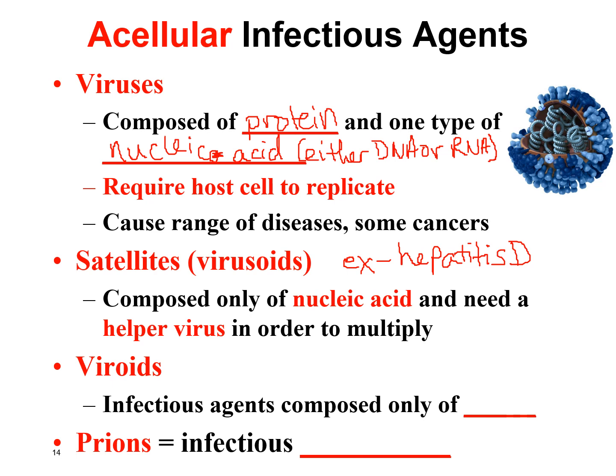And the helper virus for hepatitis D is hepatitis B, as in boy. Okay, so hepatitis D, as in dog, if it gets into a cell, it cannot reproduce and infect another cell unless the helper virus, hepatitis B as in boy, is also there. Okay, so we'll talk about that one later.